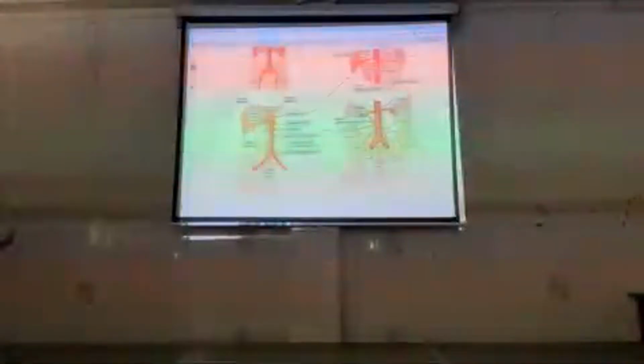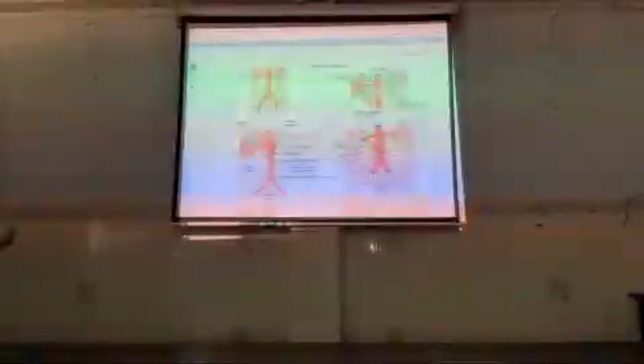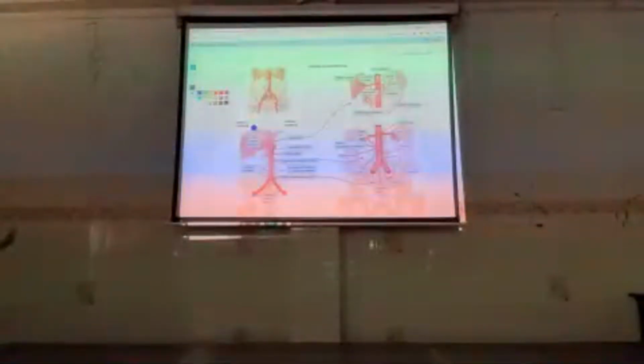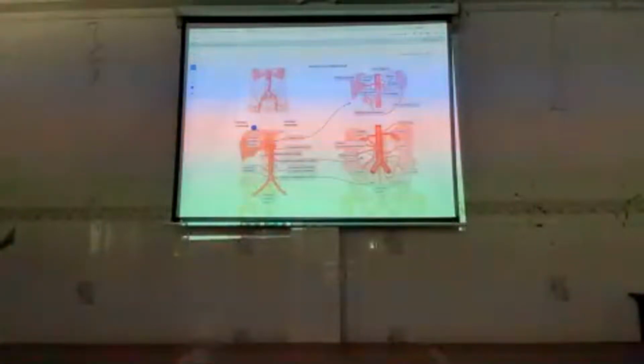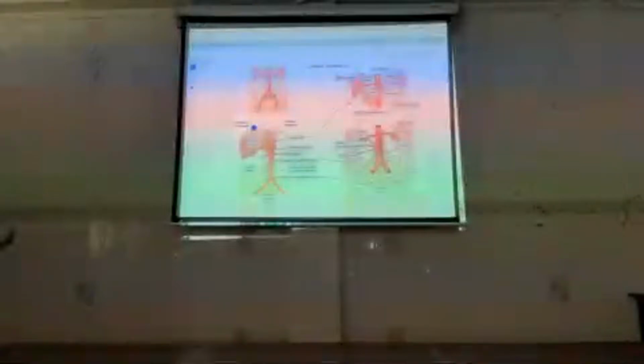So then we have parietal branches and visceral branches. In the visceral branches, unpaired, I said celiac trunk artery, superior mesenteric artery, and inferior mesenteric artery.